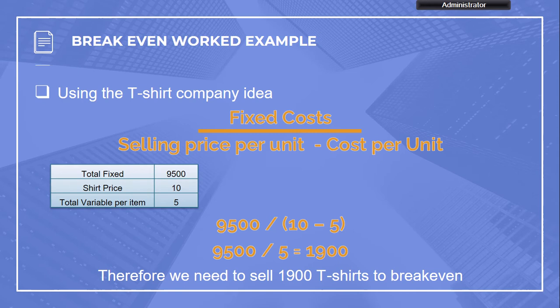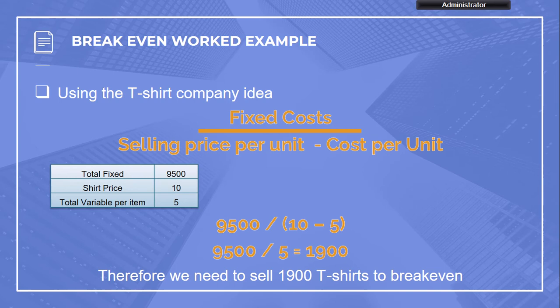In this particular example, our total fixed costs, which if you remember is all of the outgoing costs, so things like rent and utility bills and wages for your staff, you're going to divide that by how much you're going to sell each t-shirt for, so we've put £10, minus how much it costs to make each t-shirt. So basically it's going to be 9,500 divided by 5 is 1,900. That means that we need to sell 1,900 t-shirts to break even.